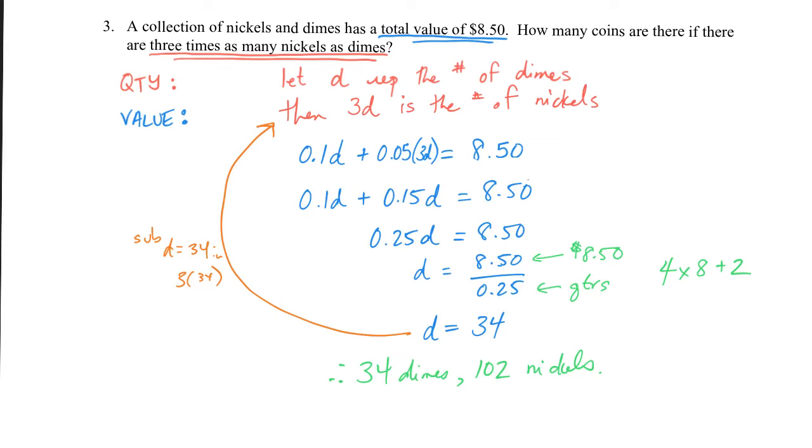But let's say that this line instead said 0.1D plus, and let's say I made the mistake of, instead of a nickel being 5 cents, I said it was 0.5. So I actually put a label of 50 cents on a nickel.